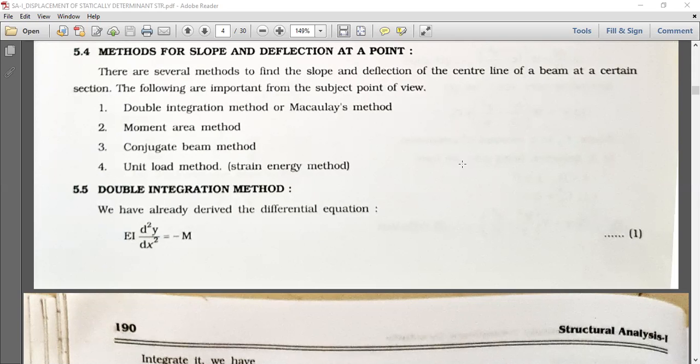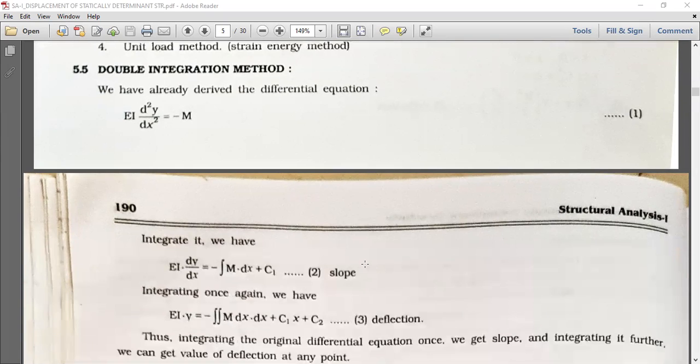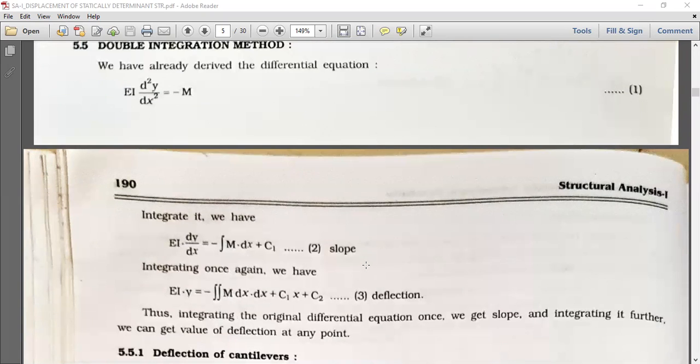First, the double integration method. We already derived the differential equation EI d²y/dx² = -M. To integrate it, we have EI dy/dx = -∫M dx + C1, which is the slope.